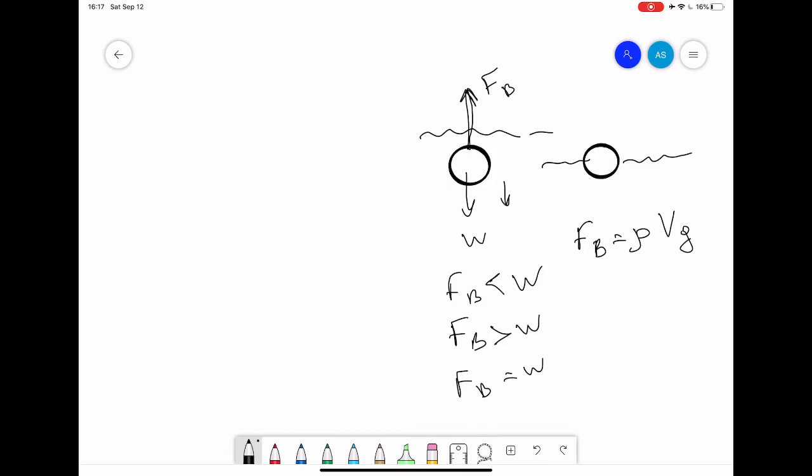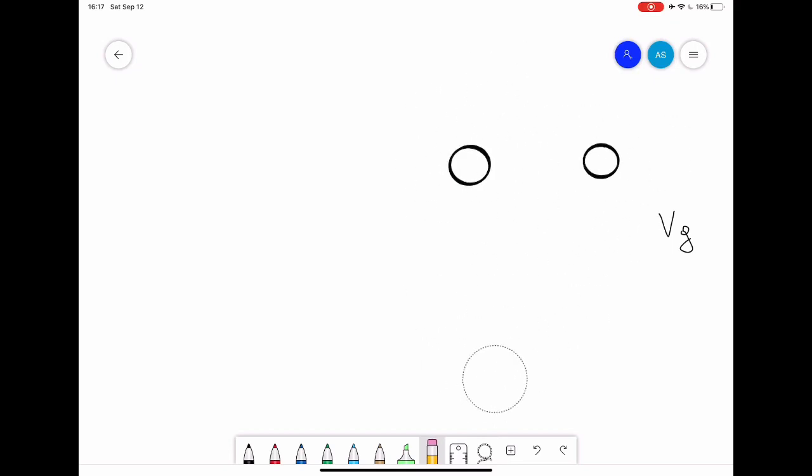Now let's go back to our problem. In our problem, we have a copper ball, and the copper ball is pulled upwards.